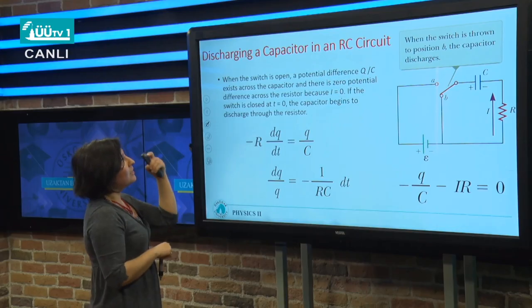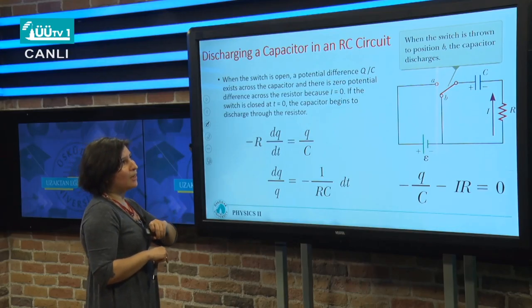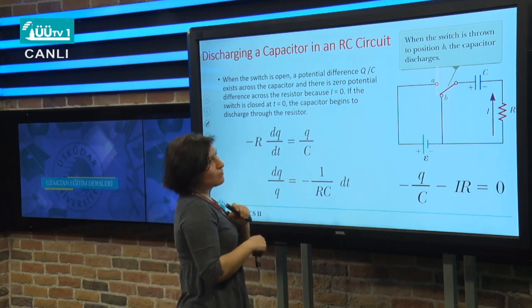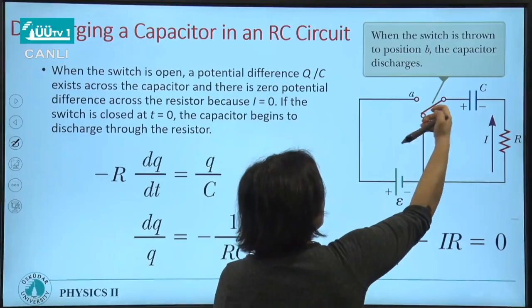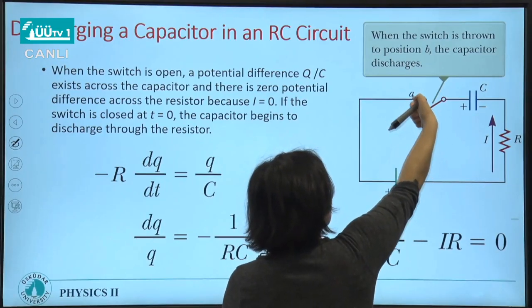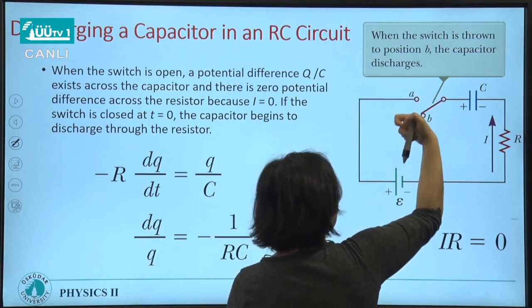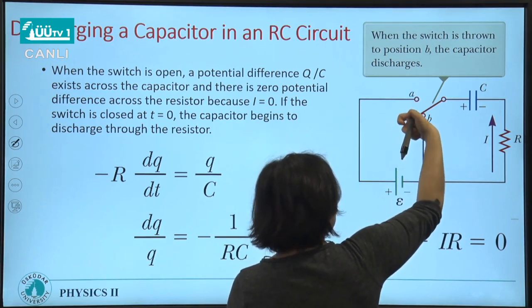Let's talk about discharging a capacitor in an RC circuit. Let's open the circuit first. Open the switch. If the switch touches nowhere, not A or B, it's an open switch.